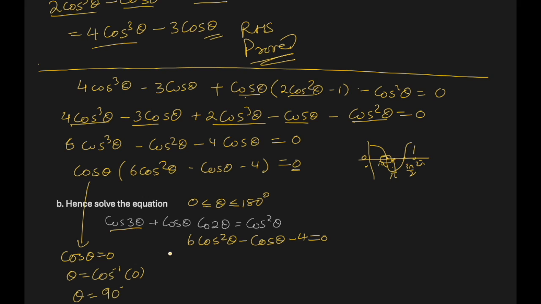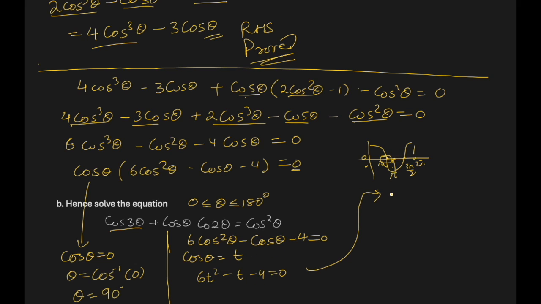Okay. Now this one, we have a quadratic format here. So can I split the middle term? Let's assume cos theta equal to t in this case. So 6t square minus t minus 4 equal to 0, and we cannot split the middle term with 24. So that means we'll have to use the quadratic formula for this.